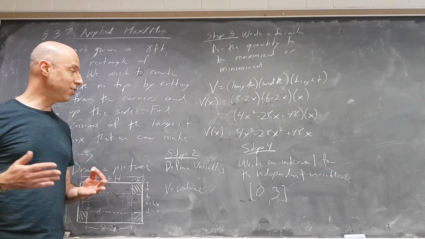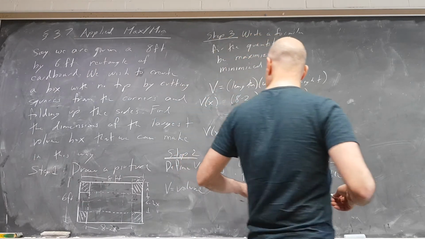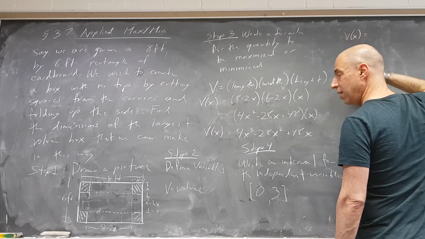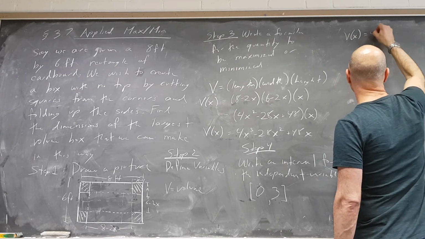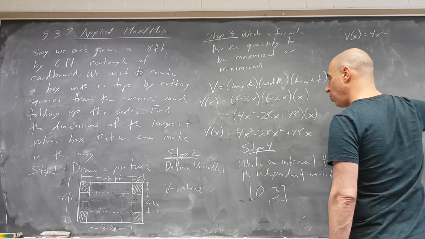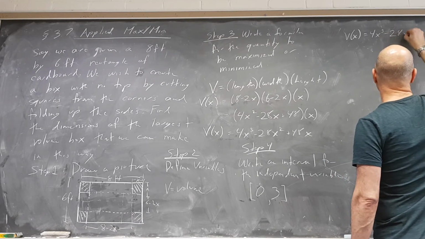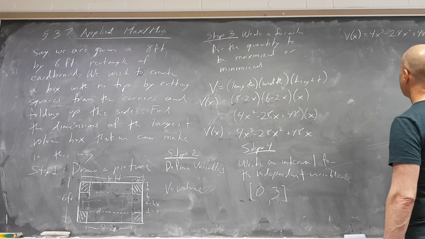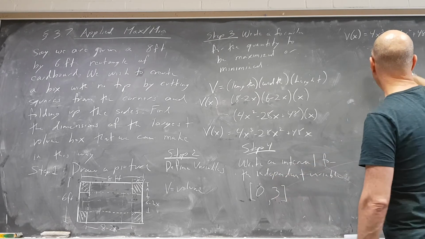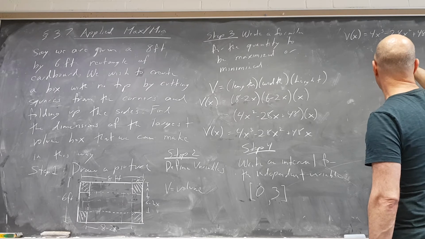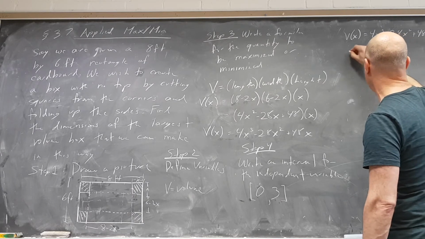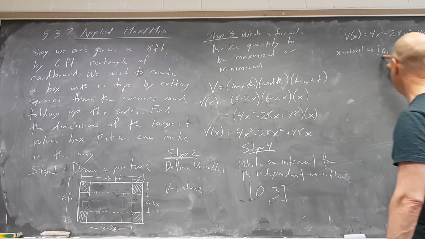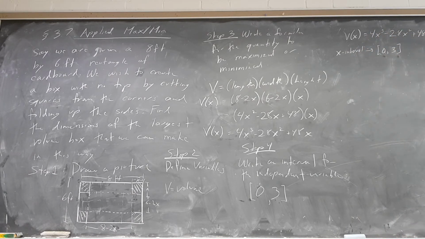You remember the technique. So right now, let me just recopy my V of x over here. V of x equals 4x cubed minus 28x squared plus 48x. And my interval is 0 to 3. This is an x interval. X is at least 0, and it's at most 3.